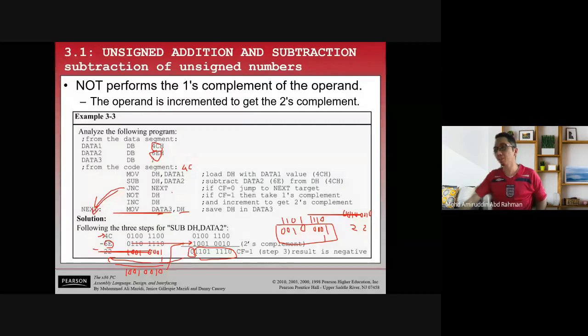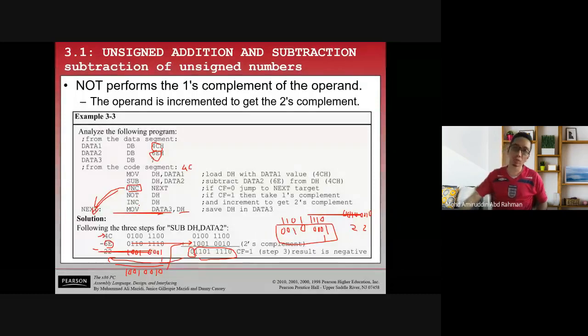It is because CF is 0. Over here is jump, no carry. So because there is no carry, then it will only jump. But if carry is available, meaning that carry is 1 over here, so it won't execute this instruction.